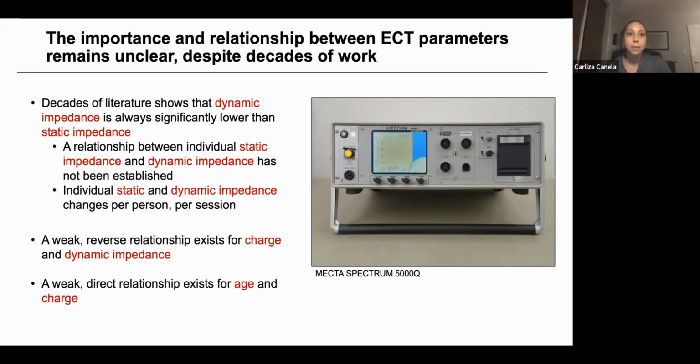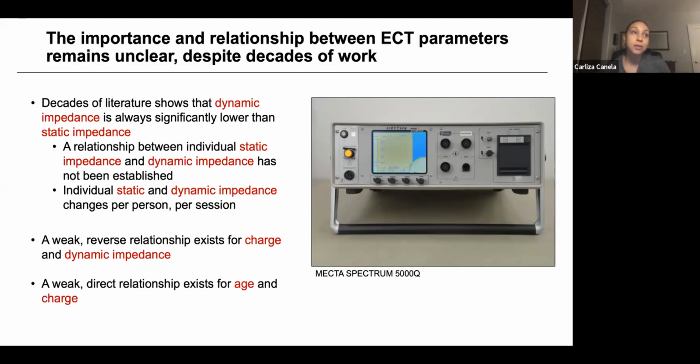There hasn't quite been a relationship between static and dynamic impedance established. It also bears mentioning that static and dynamic impedance vary widely from one person to the next, and for a single person, their static and dynamic impedance can also vary between sessions.